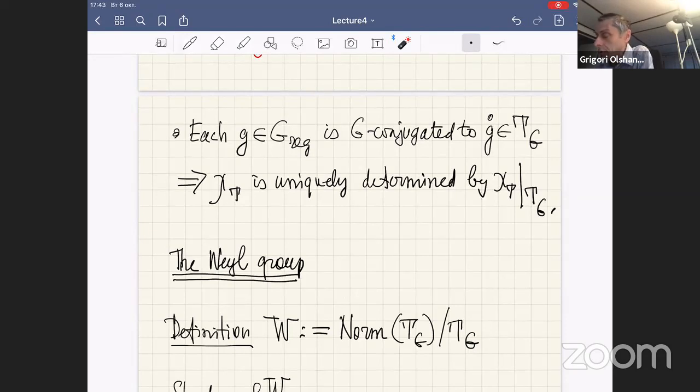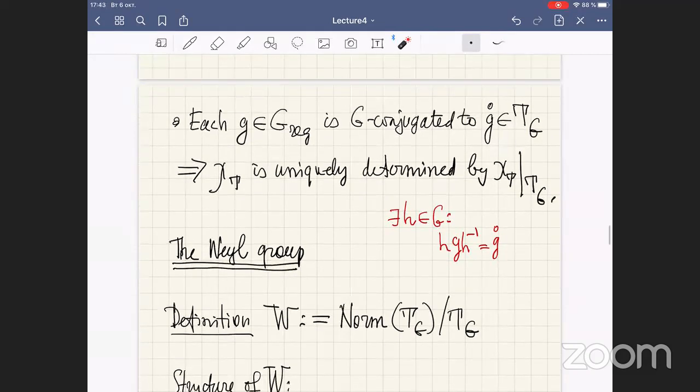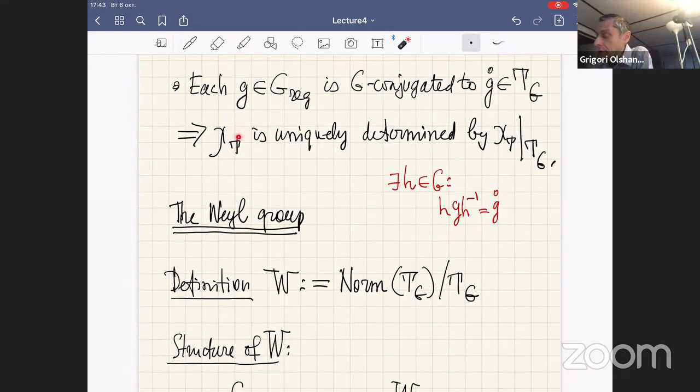I can write it directly: this means that there exists some h in G such that... Yes, exactly. So the conclusion is that we can restrict our character to the torus, and no information is lost.